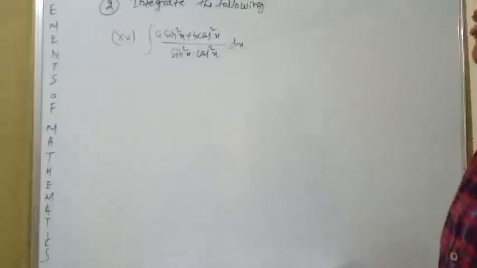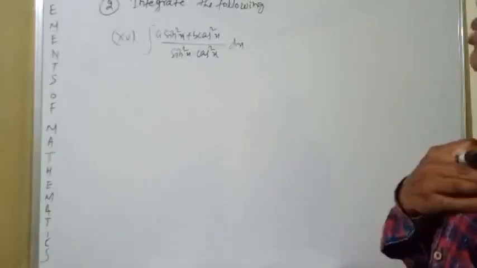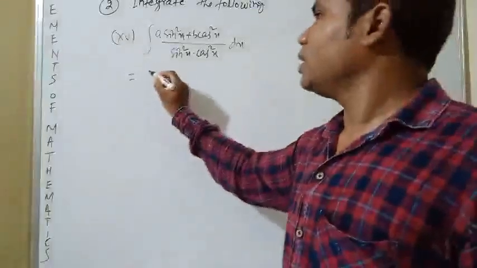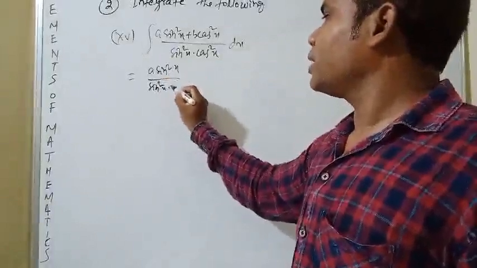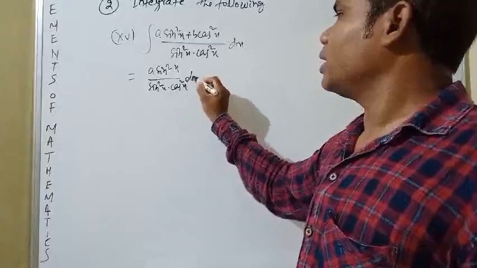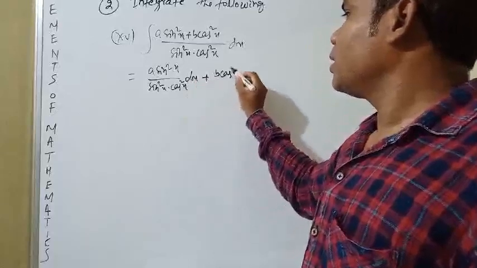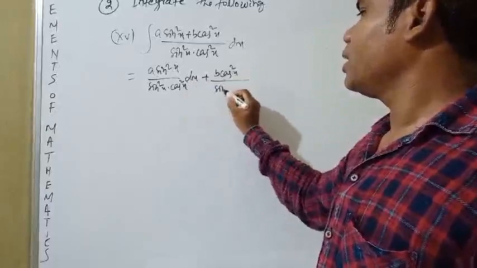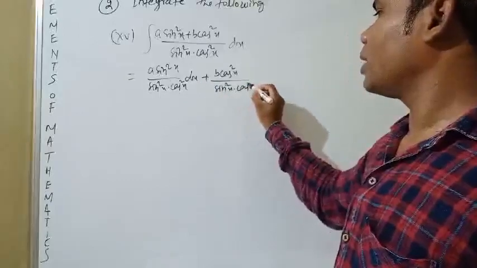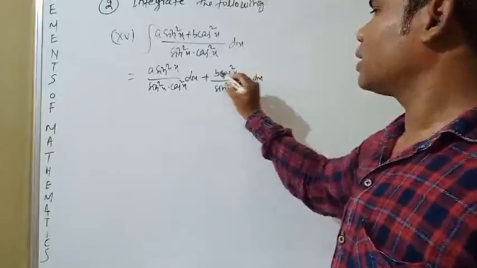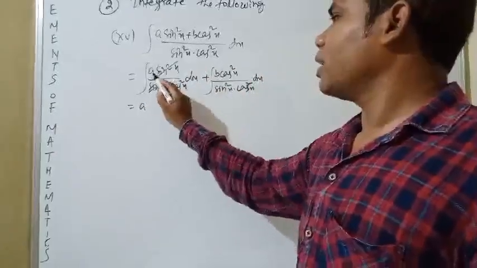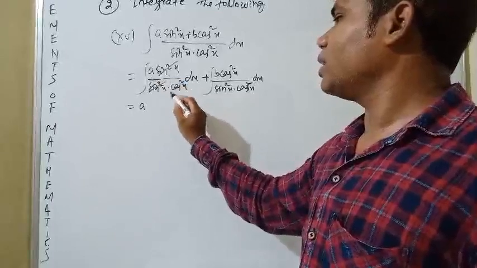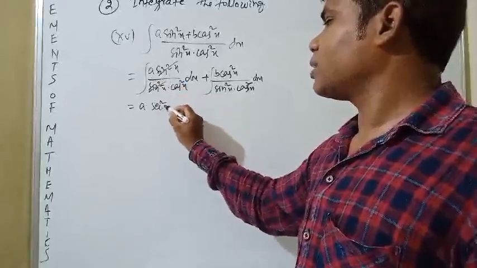You see, the next problem is (a sin²x + b cos²x) by sin²x into cos²x. Okay, this is equal to a sin²x by sin²x into cos²x dx plus b cos²x divided by sin²x into cos²x dx. Okay, sin²x cancels out, a by cos²x, that is a sec²x dx.